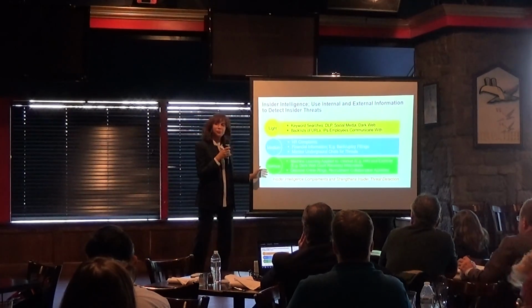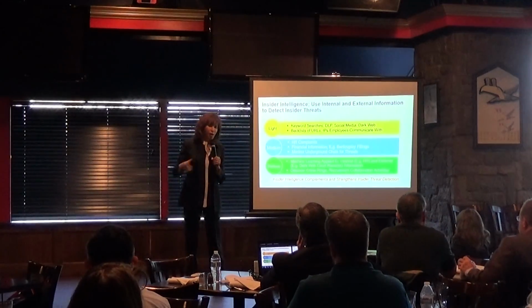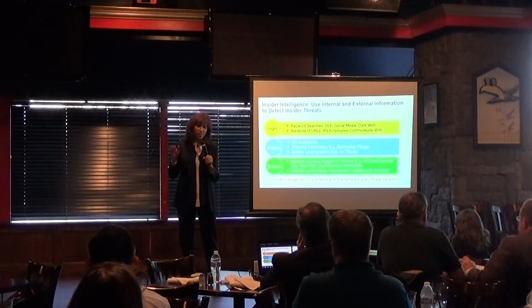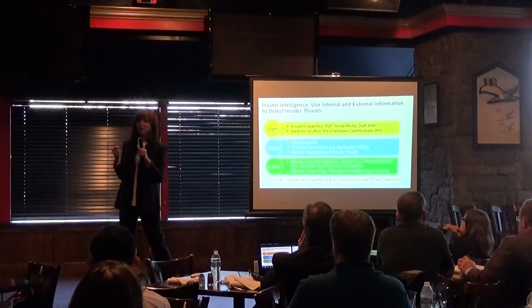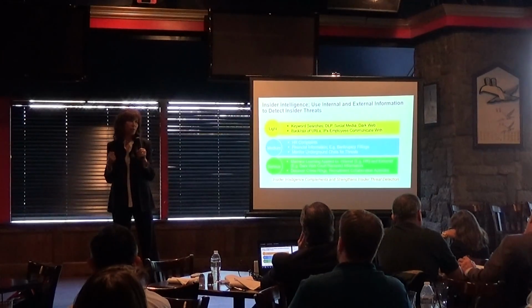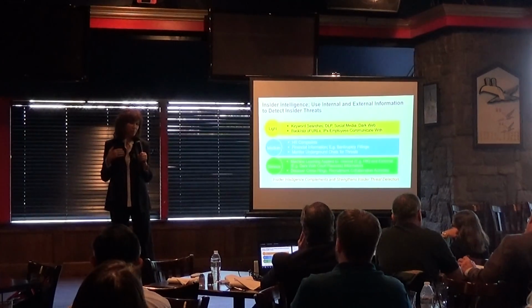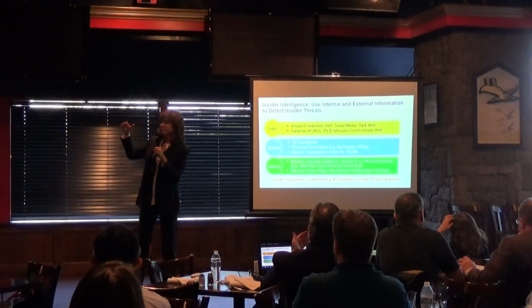And then serious, we're starting to see machine learning applied to bring all this data together, internal and external, and looking for those predictors of bad behavior that you wouldn't necessarily see in an indicator of compromise. So indicators of compromise are, yeah, this is the way we expect the behavior to be. This is the signature.